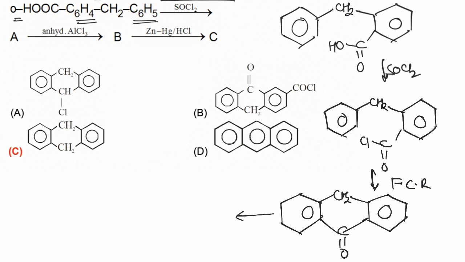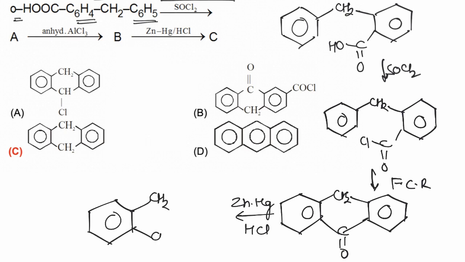This molecule has a carbonyl group. On reacting with zinc amalgam in the presence of HCl, Clemmensen reduction takes place, and after Clemmensen reduction, this carbonyl group will be reduced to an alkyl group. So the final product is this molecule, and hence the correct answer is C.